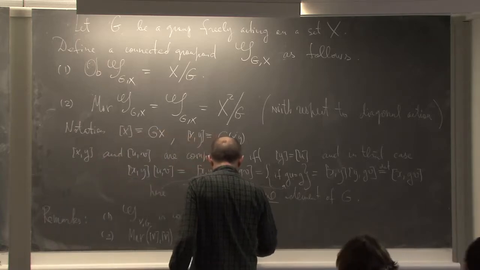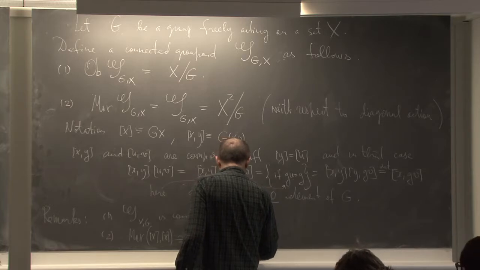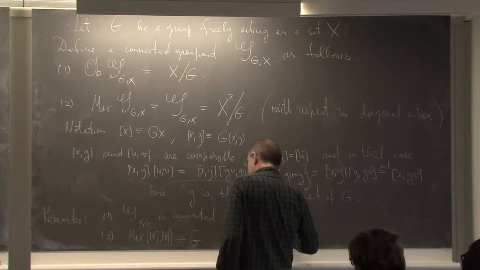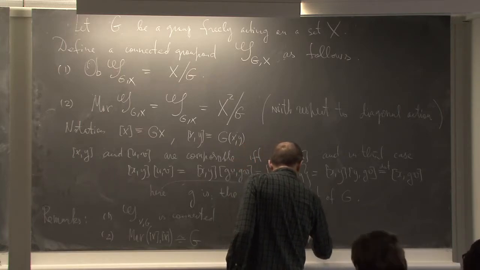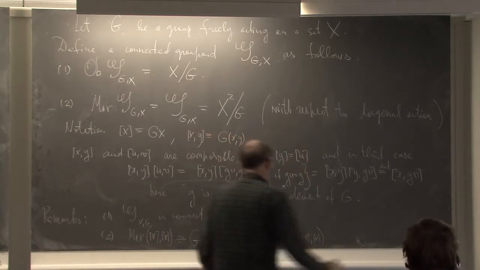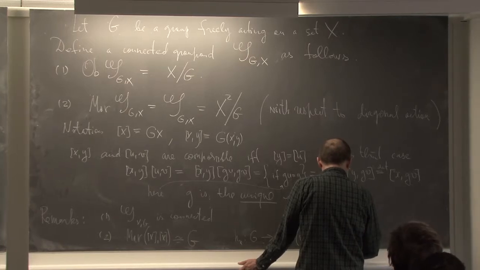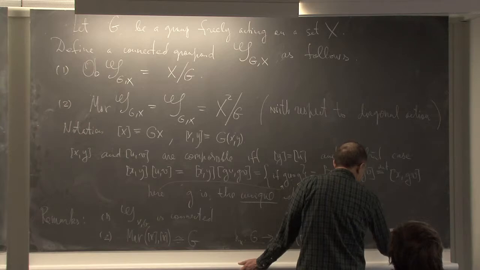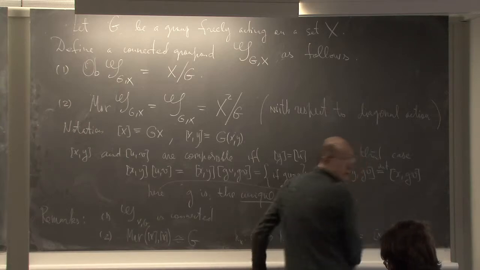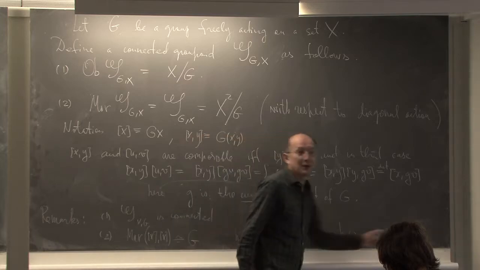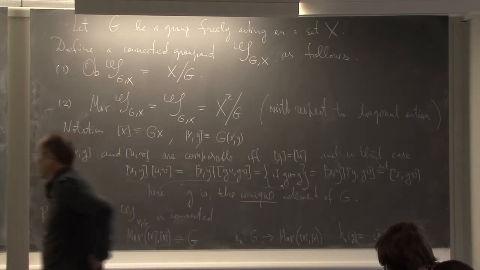Namely, we send g to the set of morphisms between [x] and [x] by the formula: H_x of g is given by the orbit [x, gx]. Okay, I leave it as an exercise to check that it's an isomorphism of groups.